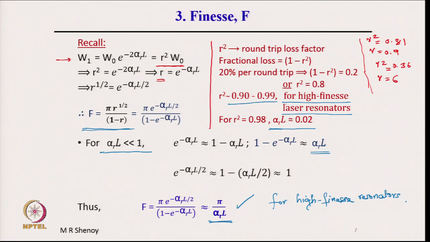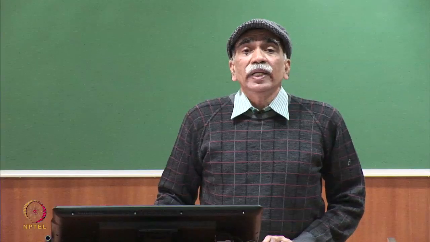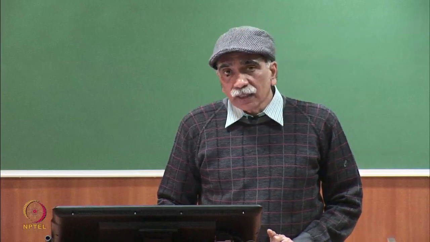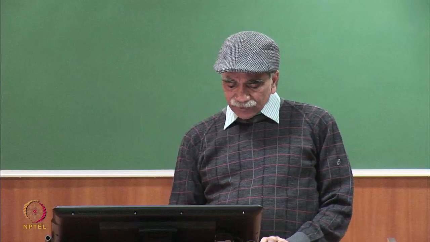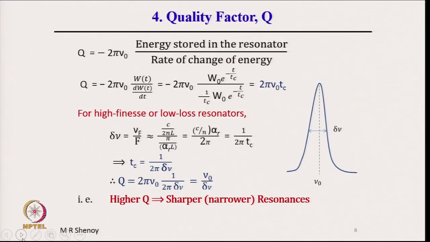So, here we have explicitly linked the resonator loss coefficient alpha r to the finesse of the resonator. Now, let us take the next parameter, which is the quality factor. The definition of Q is 2 pi nu 0 into energy stored in the resonator divided by rate of change of energy, where nu 0 is the resonance frequency. So, we are looking at the cavity resonances, and therefore, nu 0 is the cavity resonance frequency or the longitudinal modes.